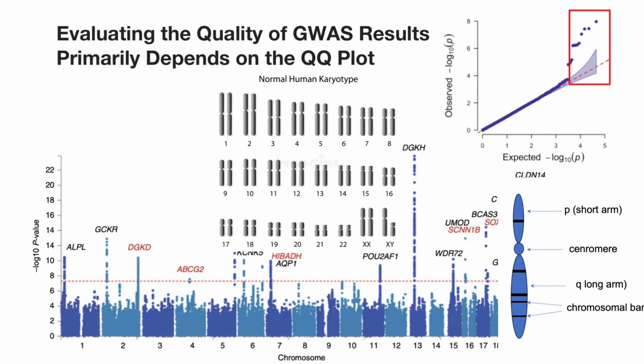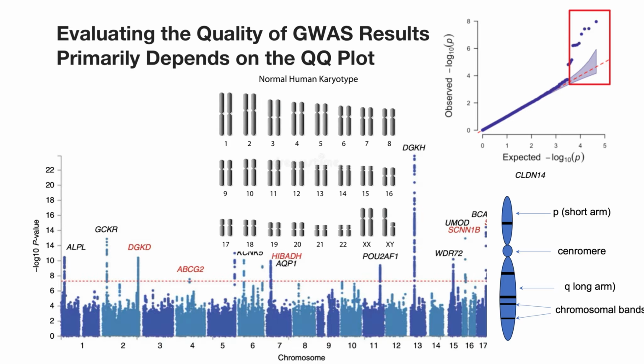Now take a look at this structure of the chromosome, and you see here the centromere. That explains this gap here, which stands for absence of genes here, and hence single nucleotide polymorphisms, which we are looking for. You also can see gaps between chromosomes because caps of each chromosome have highly repetitive DNA, which also doesn't code for any proteins.